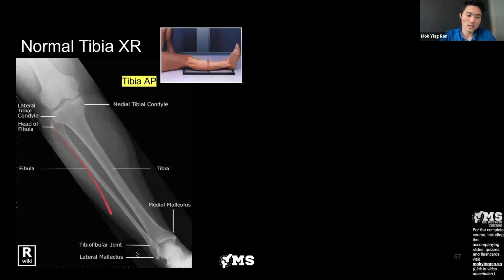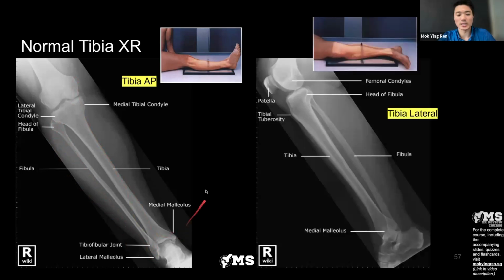You can see the fibula goes on to become the lateral malleolus of the ankle, while the tibia goes down to become the medial malleolus of the ankle. Now on the lateral view, you can appreciate again a slightly posterior position of the fibula. You can see the side of the patella as well. And this is the tibia X-ray.